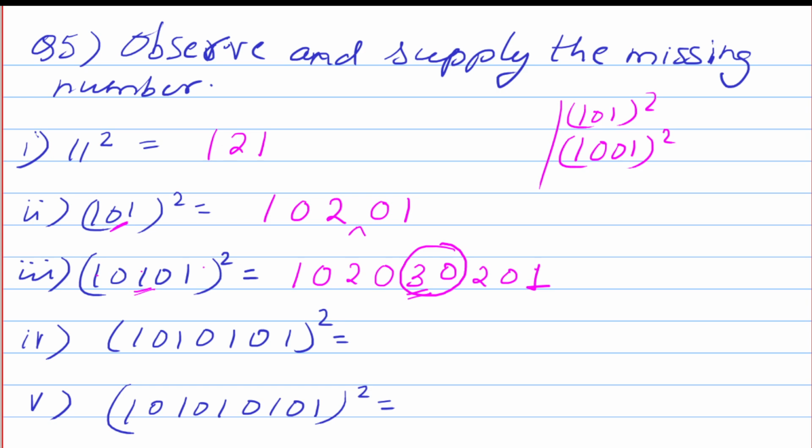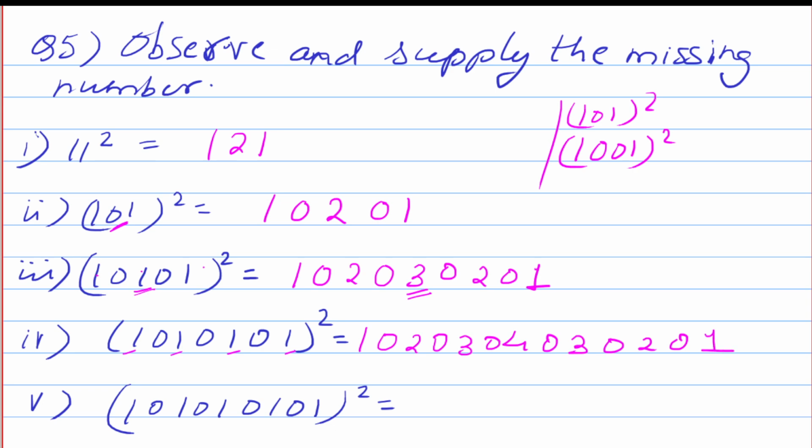It might seem a little tricky in the beginning, but once you understand the pattern, it's very easy to remember. Now how many ones are there? 1, 2, 3, 4, right? So we will get 1 0 2 0 3 0 4 0 3 0 2 0 1.